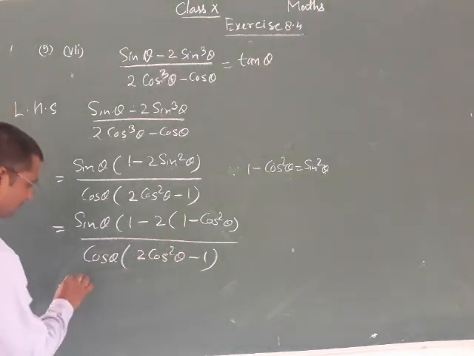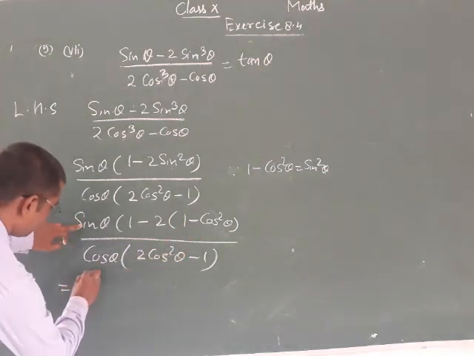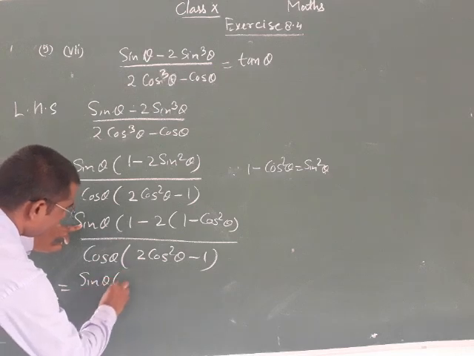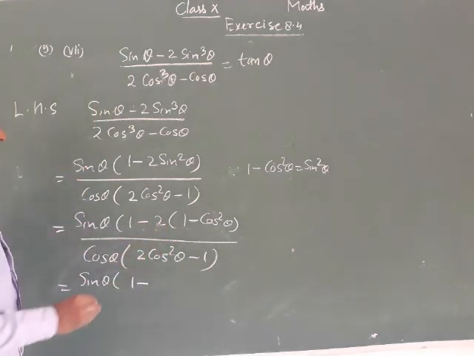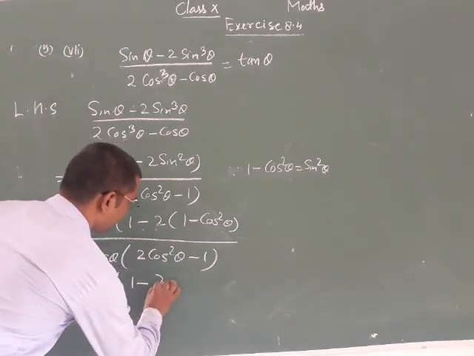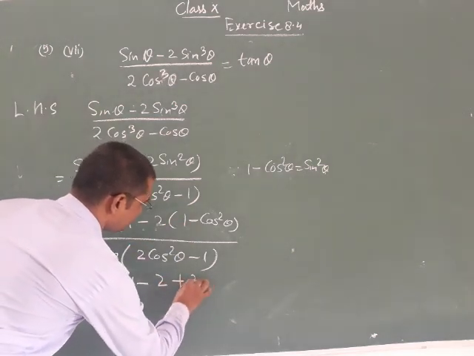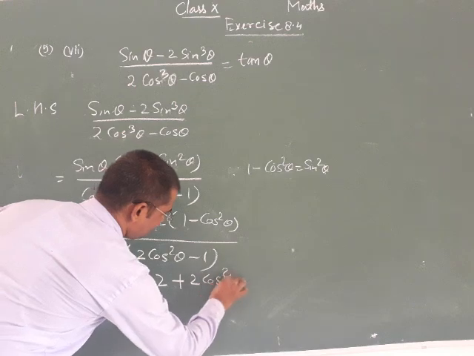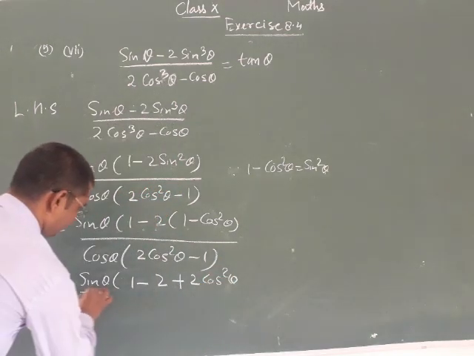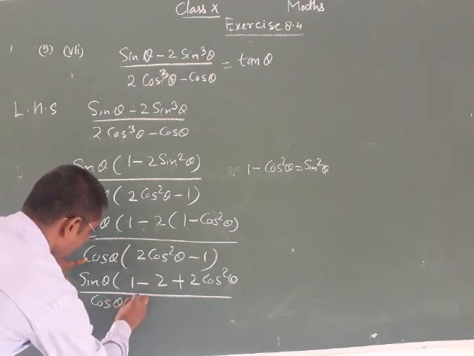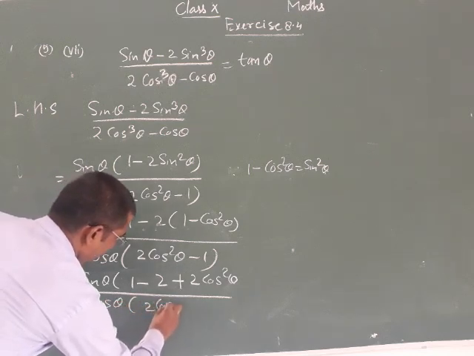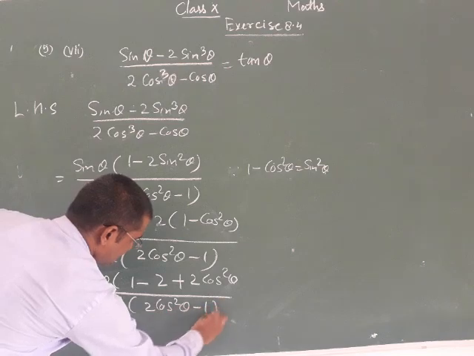So also you can write sin theta times (1 minus 2, multiplied in the bracket, gives minus 2 plus 2 cos square theta) upon cos theta times (2 cos square theta minus 1).